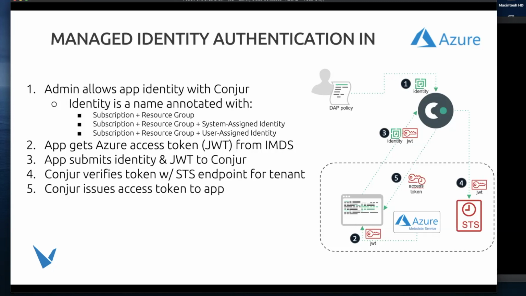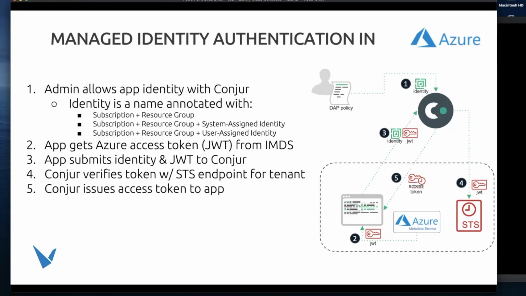An identity can consist of just the subscription. So you could say that all requesting entities within this subscription and in this particular resource group can retrieve secrets from Conjur. We can also add to that system-assigned identities or user-assigned identities.